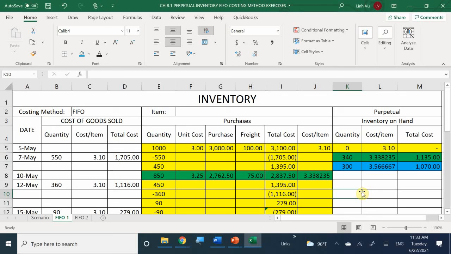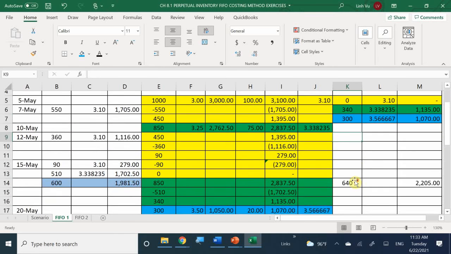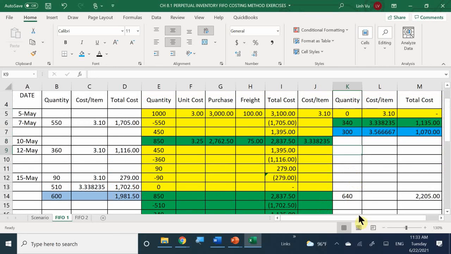My yellow batch has been eliminated, but that doesn't mean I can use yellow. So I have a total of 3 batches, but yellow's eliminated, so I have a green batch and a blue batch. And because I have a running balance down here, now I have a total of 640 items that I can sell.